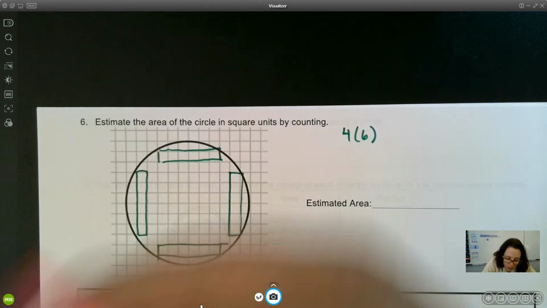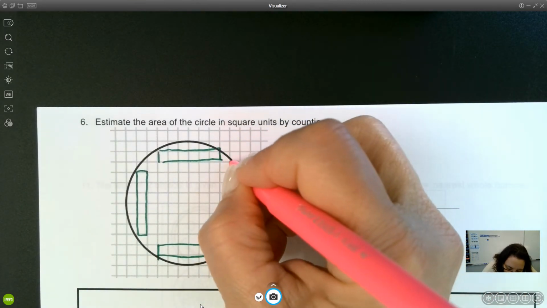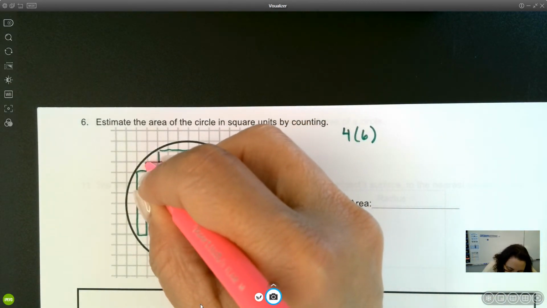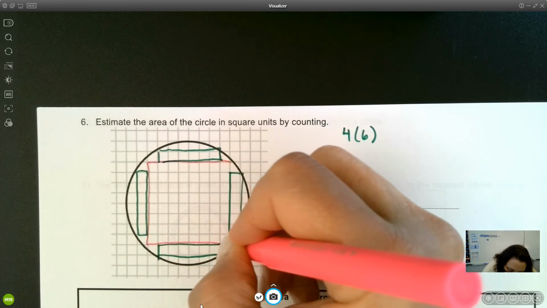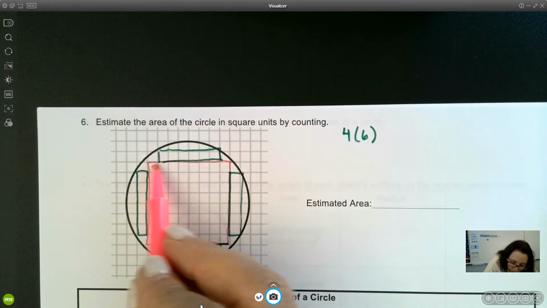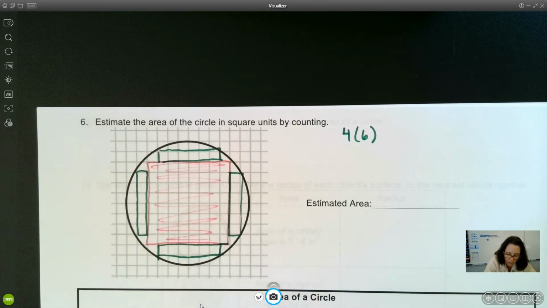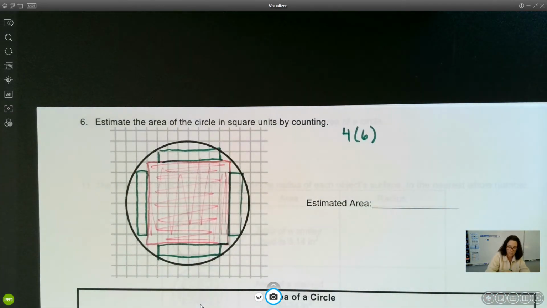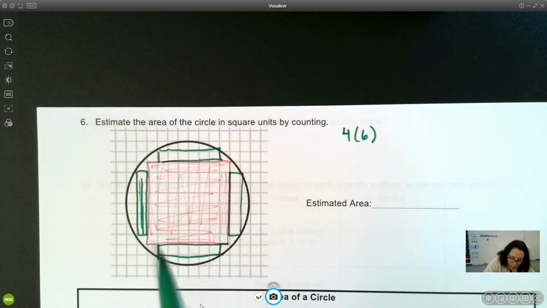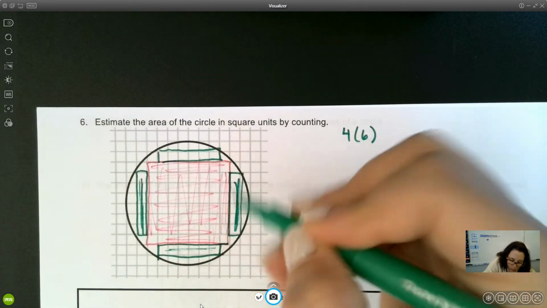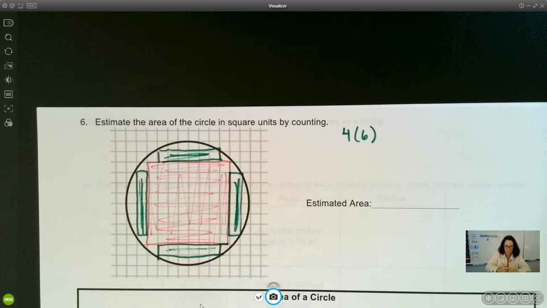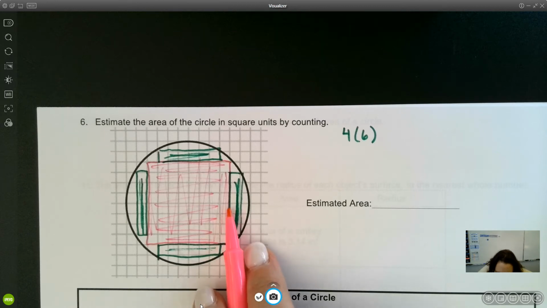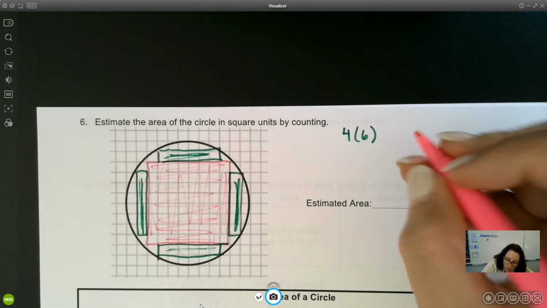Okay, now I'm going to do this pink area here. I just accounted the 4 groups of 6 as this area. Okay, so that pink area is 1, 2, 3, 4, 5, 6, 7, 8. 8 by 8.